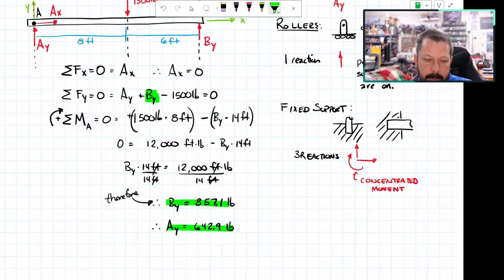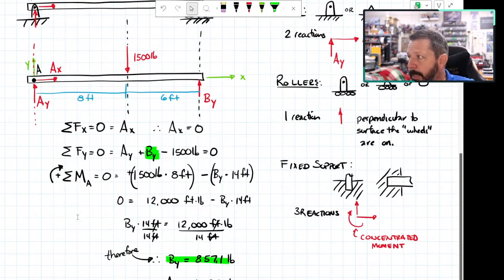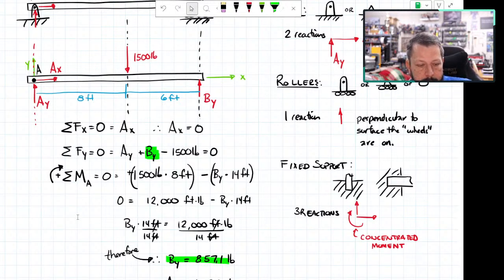If the 1500 pounds had been in the direct center of the span of the beam, so if it had been 7 feet from A and 7 feet from B, then yes, AY and BY would have both been 750 pounds. And you would have calculated the same exact things, and your equations would have told you that, or you could just have looked at it and recognized that, well, it's right in the middle, and it's just going to divide evenly. So there is that. All right.